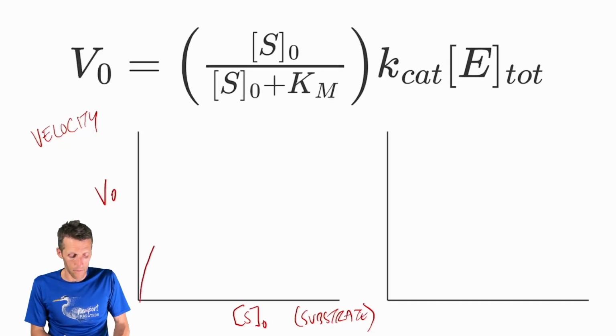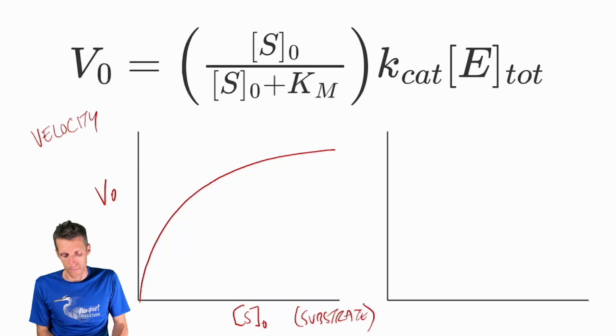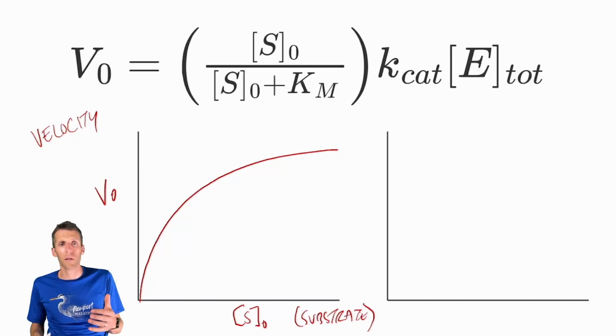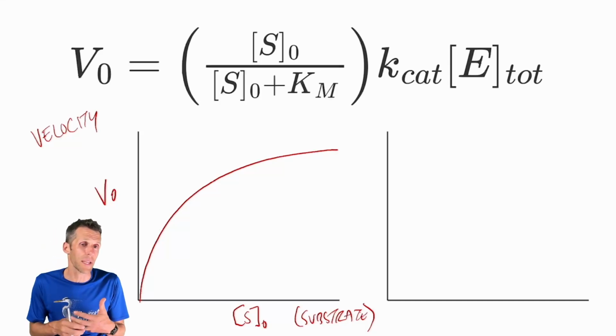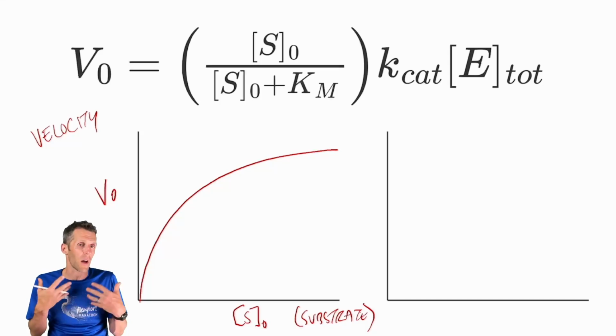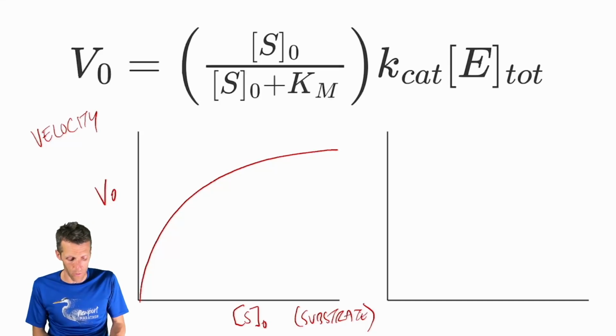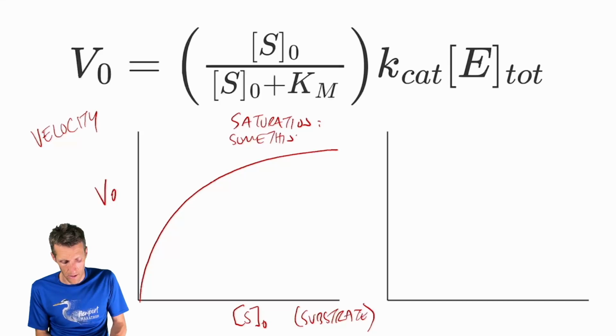Turns out the curve looks like this. Now we talked about this kind of curve in my video about binding. If you've seen it, I said something about when something does a saturation behavior, that tells us something is happening. What does it tell us? It tells us something is running out.